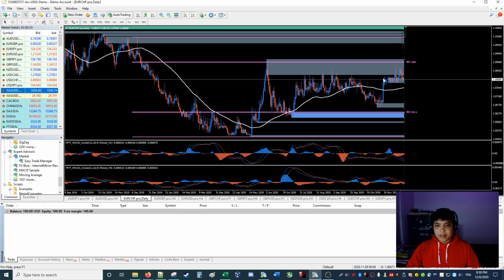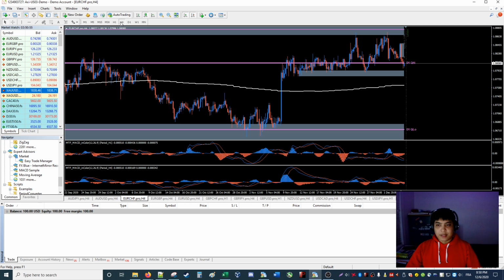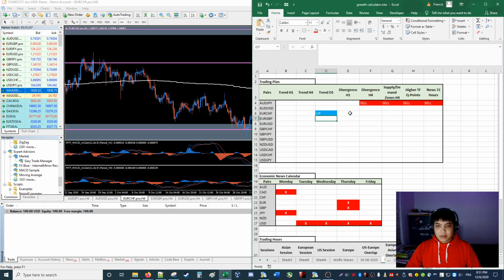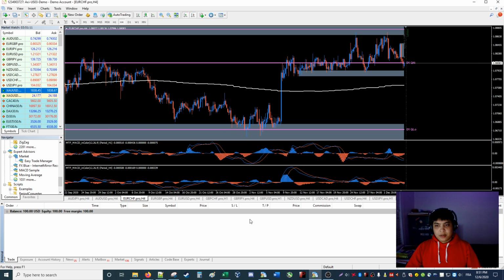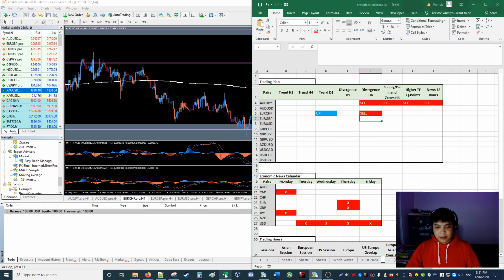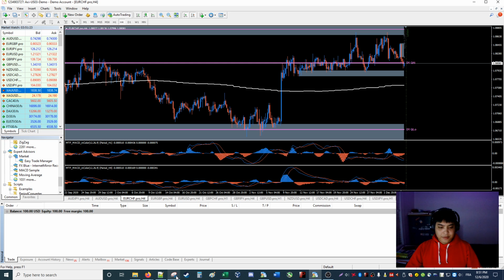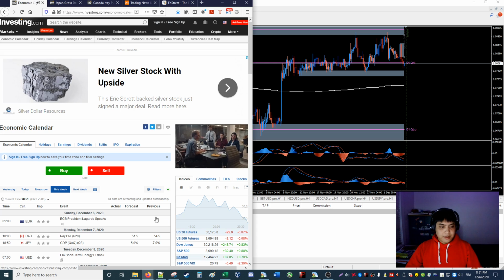It's kind of like cloudy, but it does want to go up. Do we see any divergence? H4, yes, was on sell. H4, yes, was on sell. Q points, yes. High. Sell. Do we have any news in the next 24 hour?